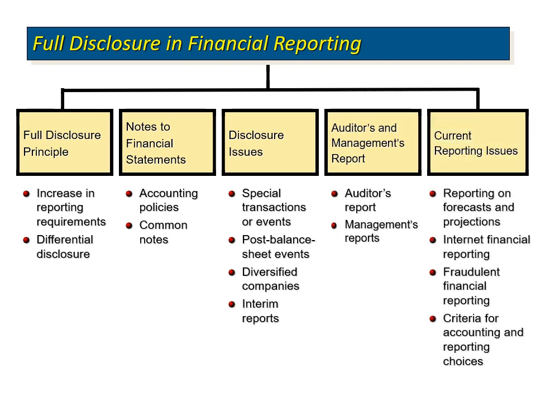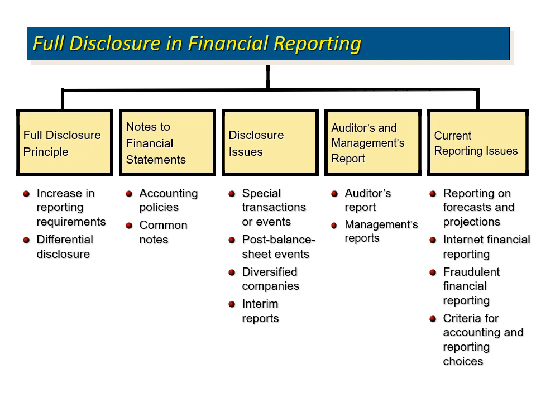And the next one in this slide, we can see the full disclosure and financial reporting. We adopt the full disclosure principle to increase information by obeying any reporting requirement, and then we might provide some information that deals with differential disclosure, and then notes to financial statements consisting of information about accounting policy and common notes.